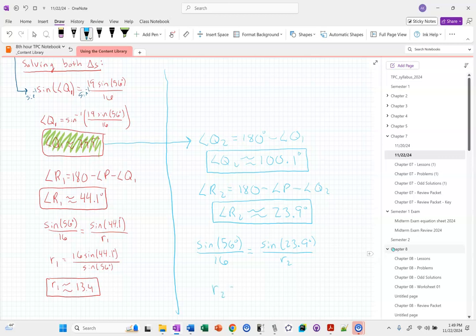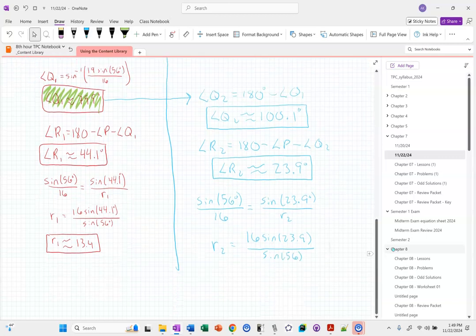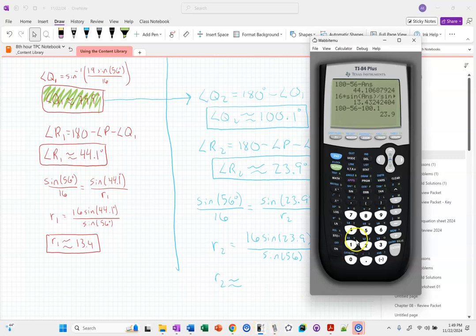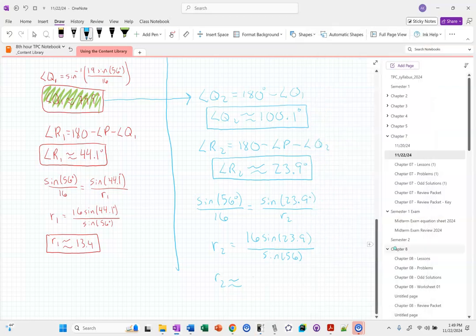So if I cross multiply and divide, I get about 7.8.